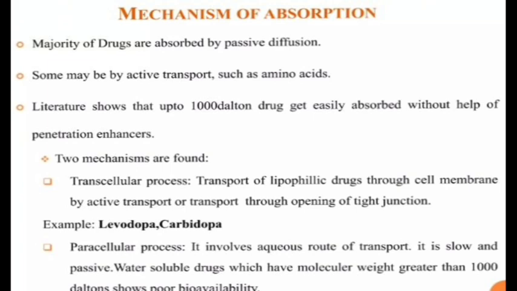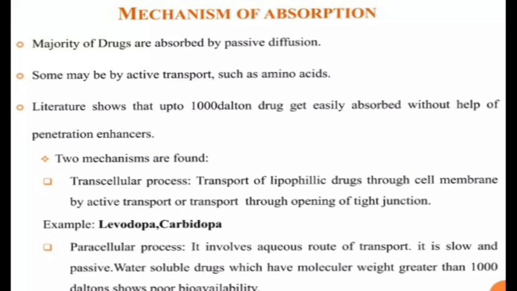Next, we can move on to mechanism of absorption. The majority of drugs are absorbed by passive diffusion. Some may be absorbed by active transport, such as amino acids. Drugs up to 1000 Dalton get easily absorbed without the help of any penetration enhancers. Two mechanisms are found. First one, transcellular process, and second, paracellular process.